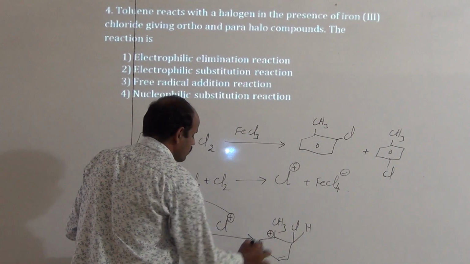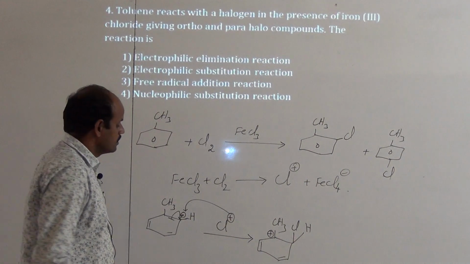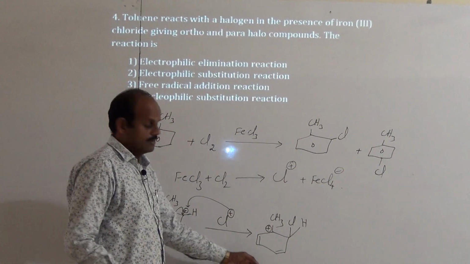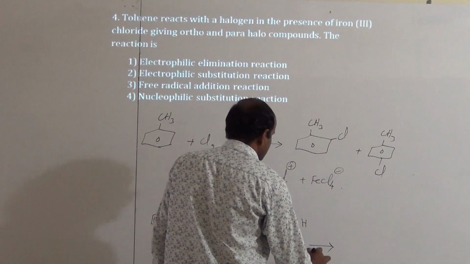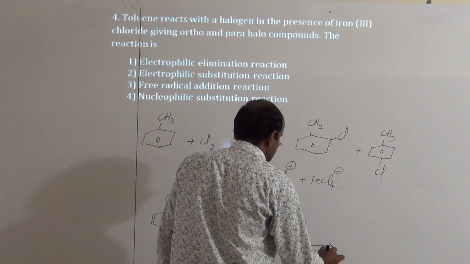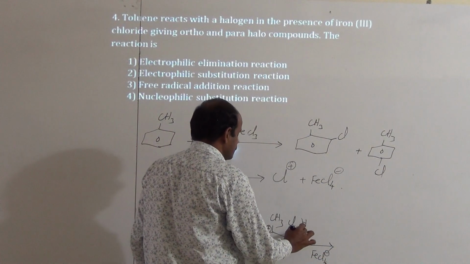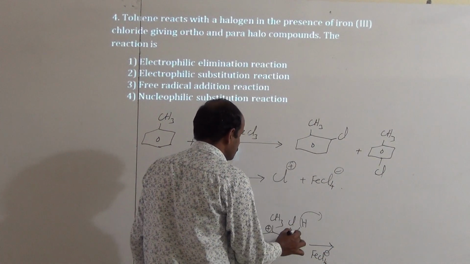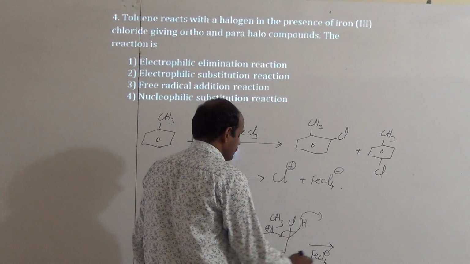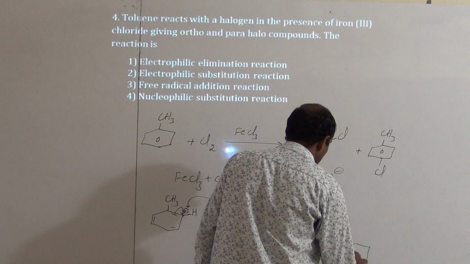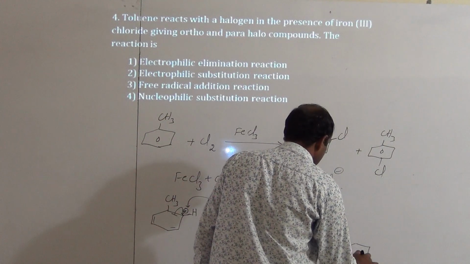Thus it gets a positive charge, so it can form resonance structures. After resonance structures, finally when FeCl4 reacts with this, H plus can be removed. Then this bond migrates to this position.